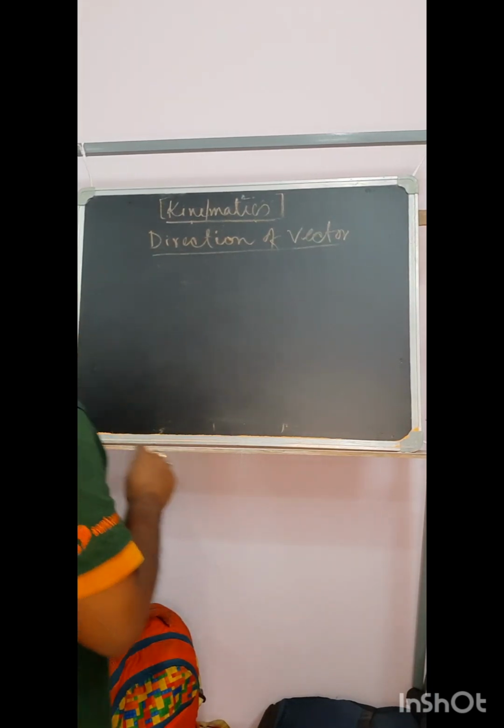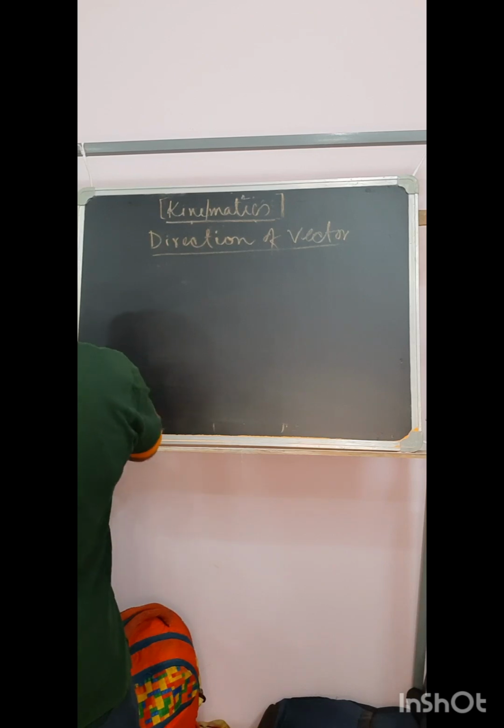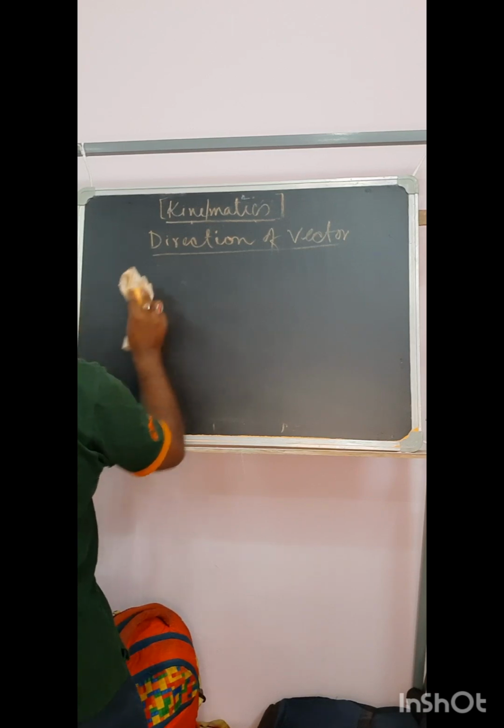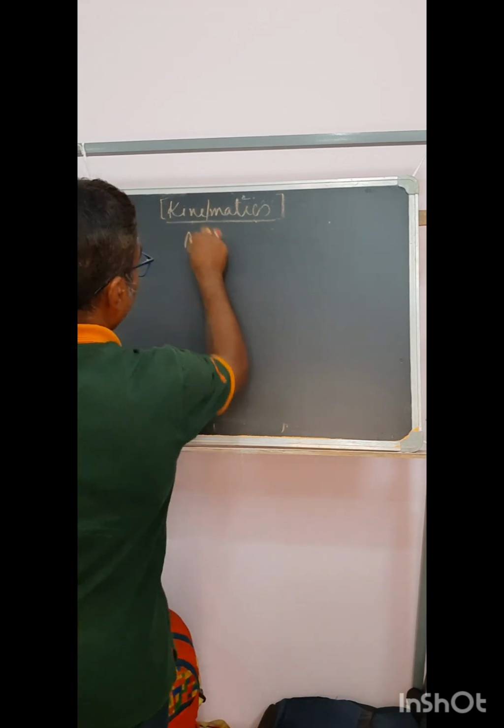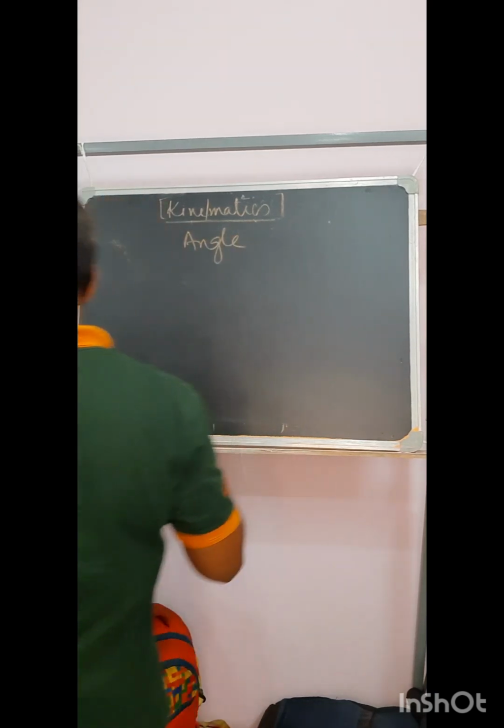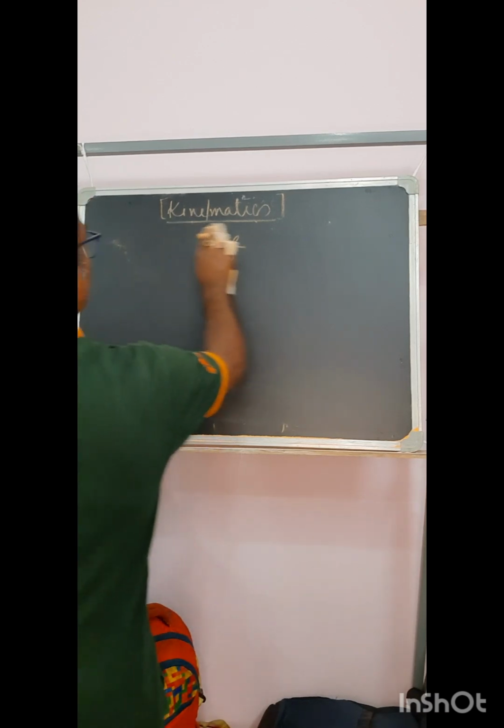Now another thing is, the angle between two vectors, how do I denote that angle? No, before that, I will discuss some important points related to vector.